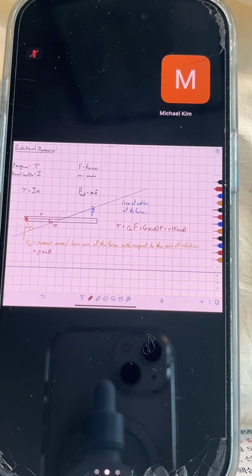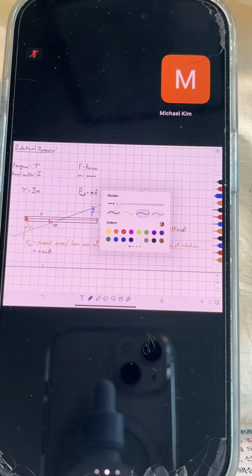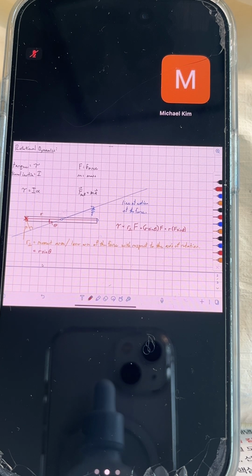And now if I think about what is F sine theta, well, of course this angle here as well, this is also theta. And what I can think of as being F sine theta is basically this, right? So this is F sine theta, and this is what we called F perpendicular. Okay.